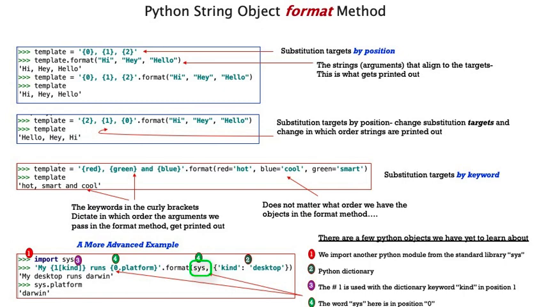And then we have number two here at the end, in the parentheses of the format method, we have a dictionary. We have kind and desktop. So kind corresponds to what's in position 1, and runs {0.platform} corresponds to what's in position 0 in the parentheses, and that happens to be sys. What gets printed out here is my desktop runs Darwin.